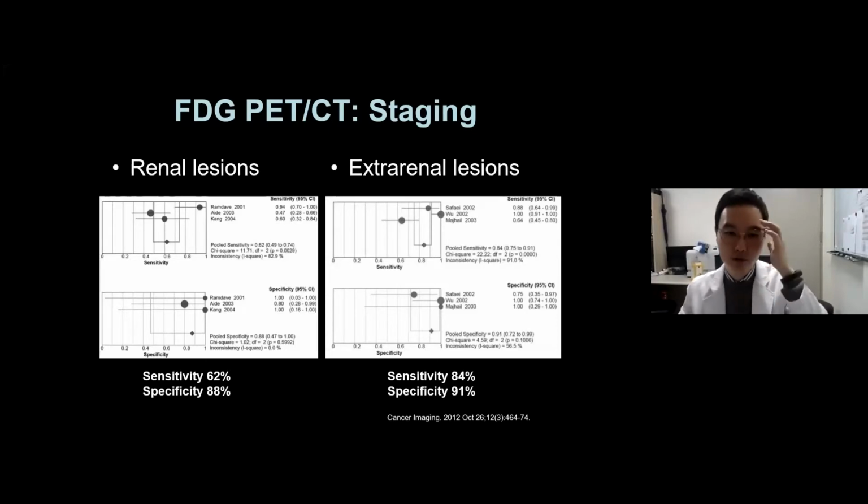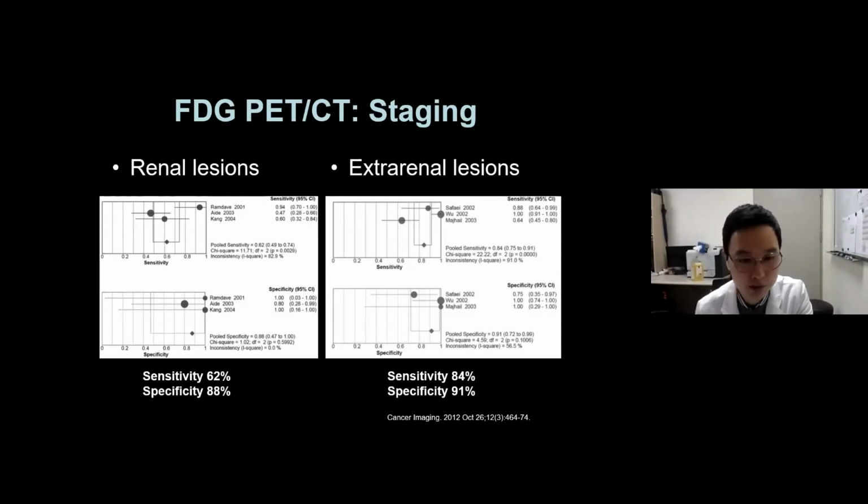However, this FDG PET-CT might have efficacy for extra-renal lesions, which have shown a pooled sensitivity and specificity of 84 and 91%.